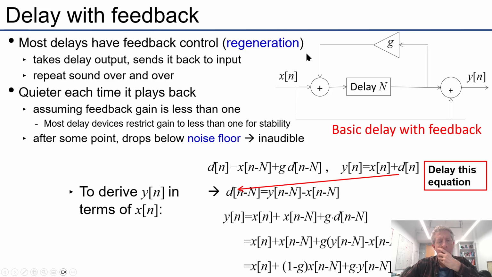Okay, yeah, so the format might be slightly different, but essentially what is being output here is the input x of n plus the delayed value times the feedback.